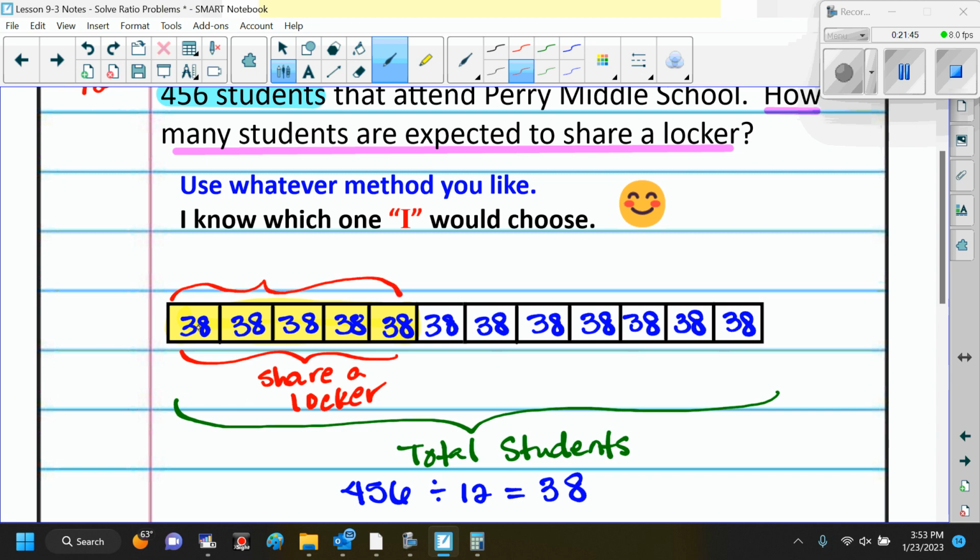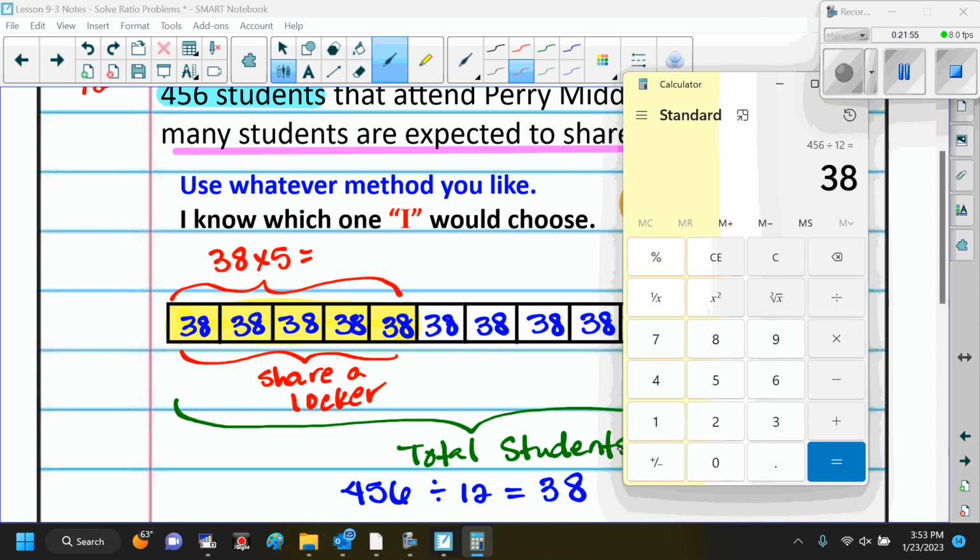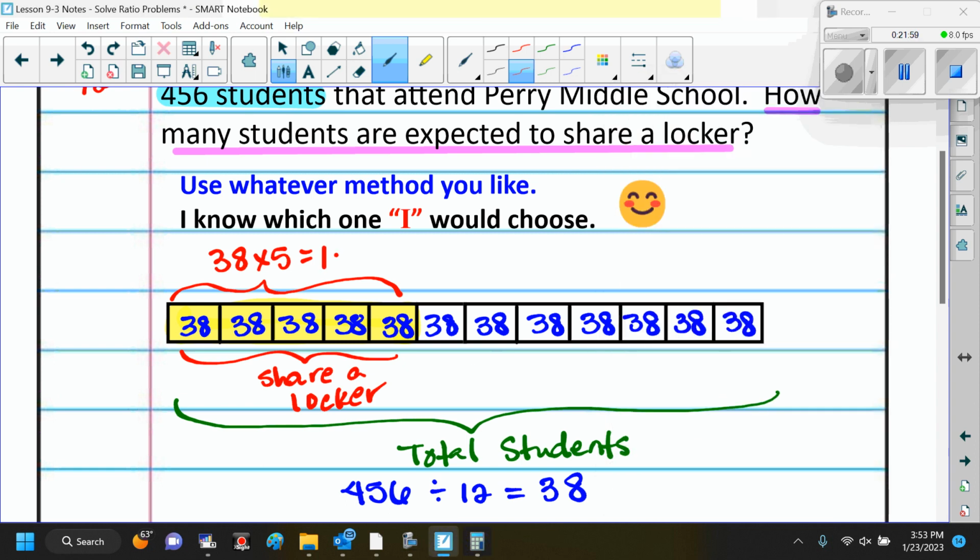So we've got 38, and we've got 1, 2, 3, 4, 5 boxes. So that's 38 times 5, which is 190 students. So 190 students share a locker. Okay, so that's the tape diagram.